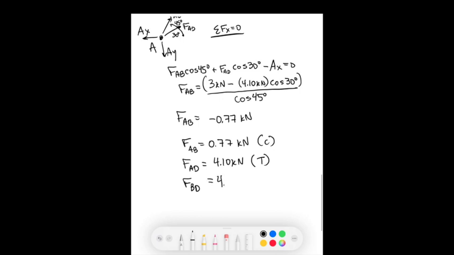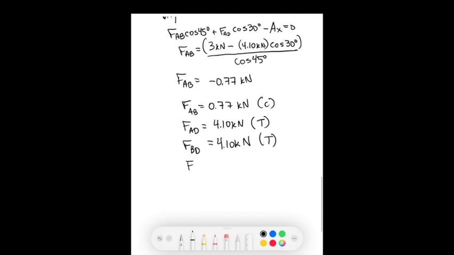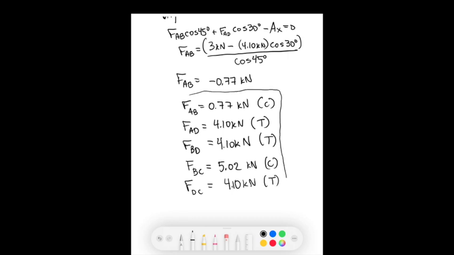Member BD, member BC, and member DC. And so we have our answer now. There were 5 members. We've solved for every one. So there's the method of joints for us, which is useful when we need to know the force that's in every member of the truss.